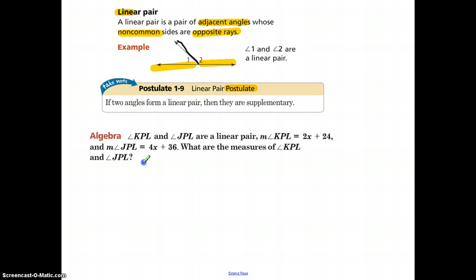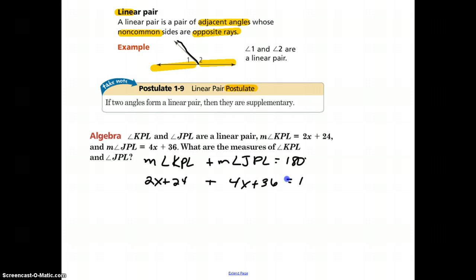Since I know these are a linear pair, the measure of angle KPL plus the measure of angle JPL is going to equal 180 since they're supplementary. So for KPL, I can substitute in 2x plus 24. For JPL, I can substitute in 4x plus 36. And again, these equal 180 degrees because they are supplementary.